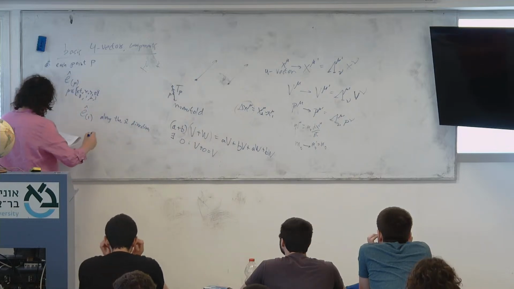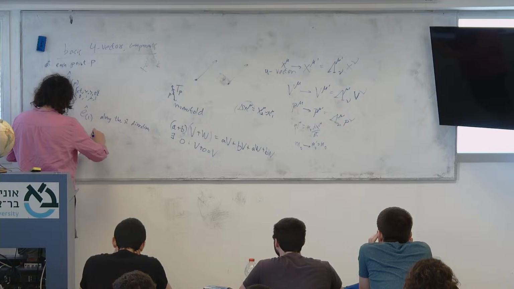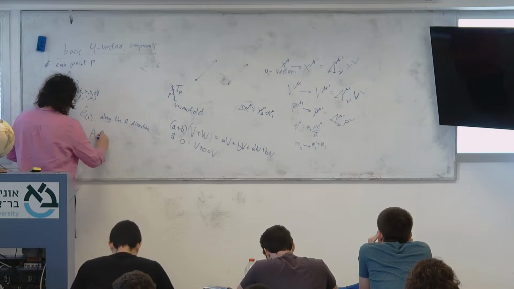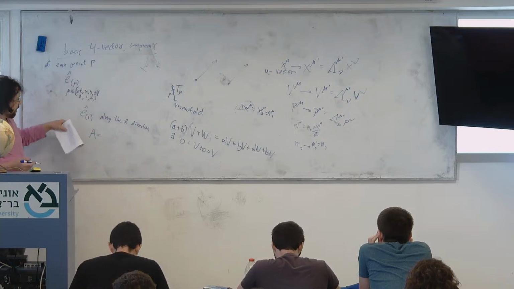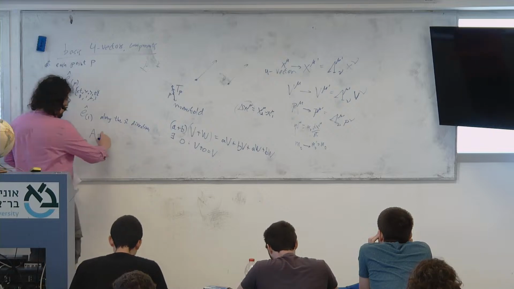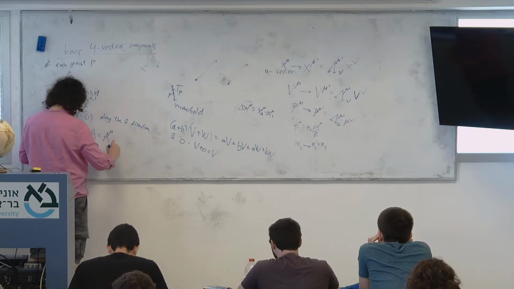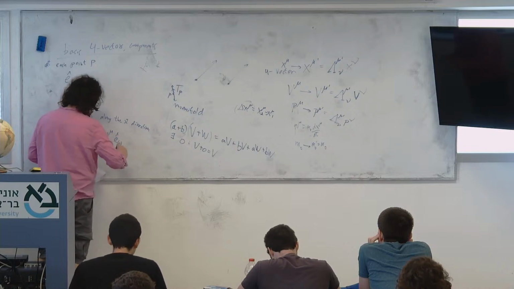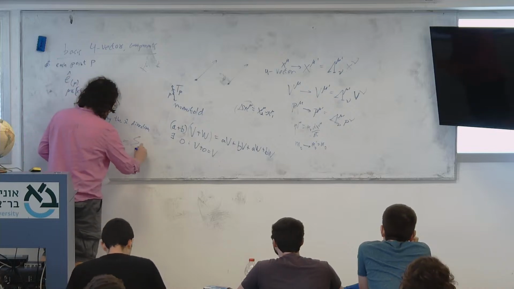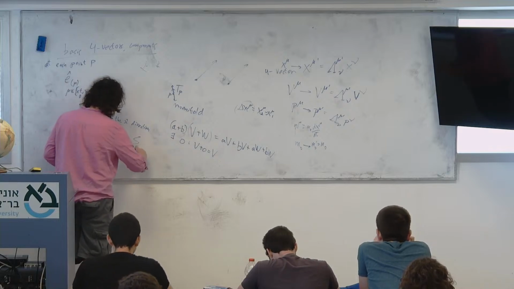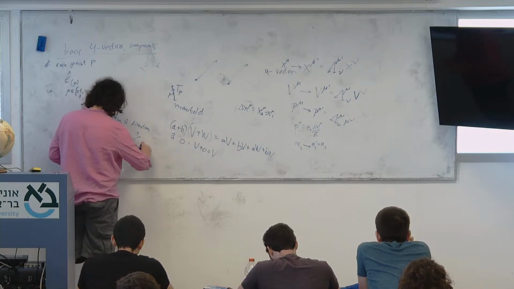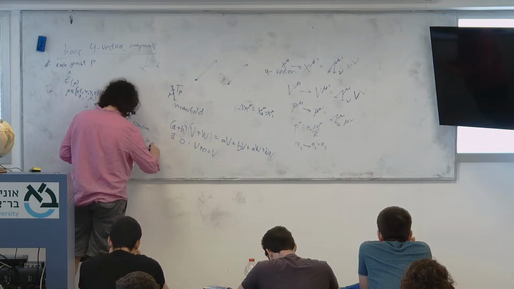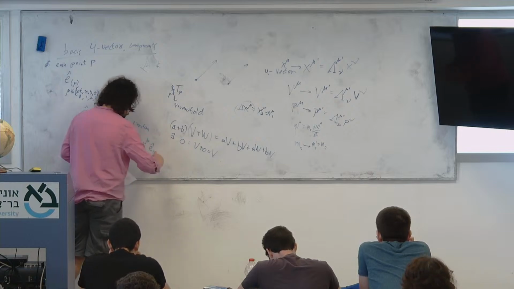By definition then, any vector A can be written as a linear combination of these basis vectors. So A = sum over mu of A^mu e_(mu), which, again with the summation convention, is just mu going from 0 to 3 of A^mu e_(mu).